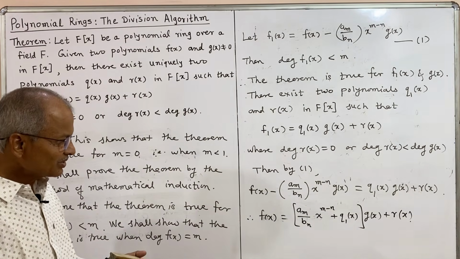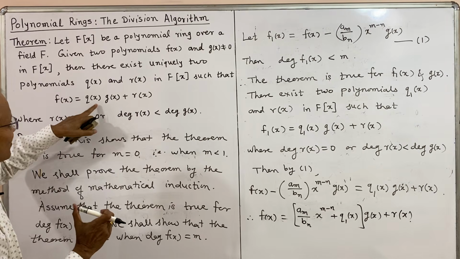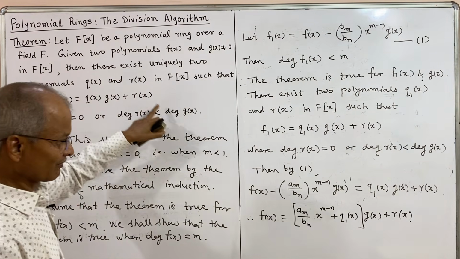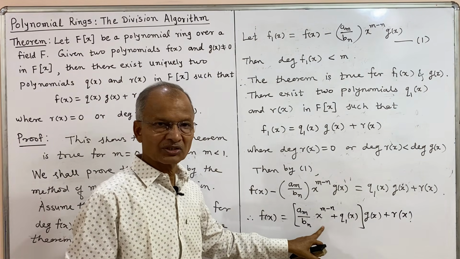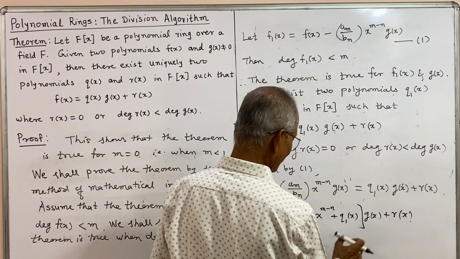And now this is in the same form as f(x) is equal to q(x) g(x) plus r(x), where q(x) is the bracket expression. And what is the condition for r? It is the same.